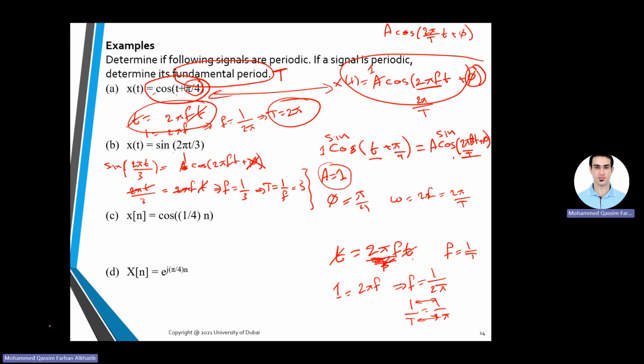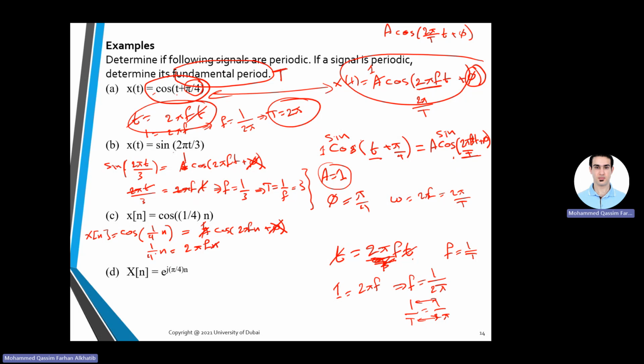All right. Letter C, x of n equals cosine 1 over 4 n. Again, A cosine 2 pi f n plus theta or phi. So there's no phase shift and amplitude is 1. So I have 1 over 4 n equal 2 pi f n.